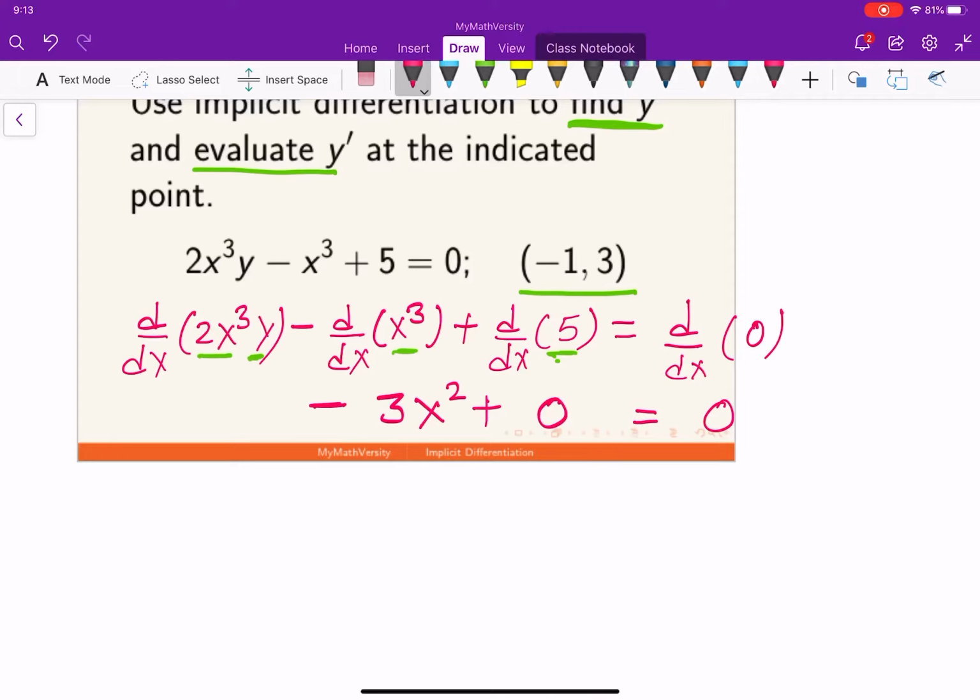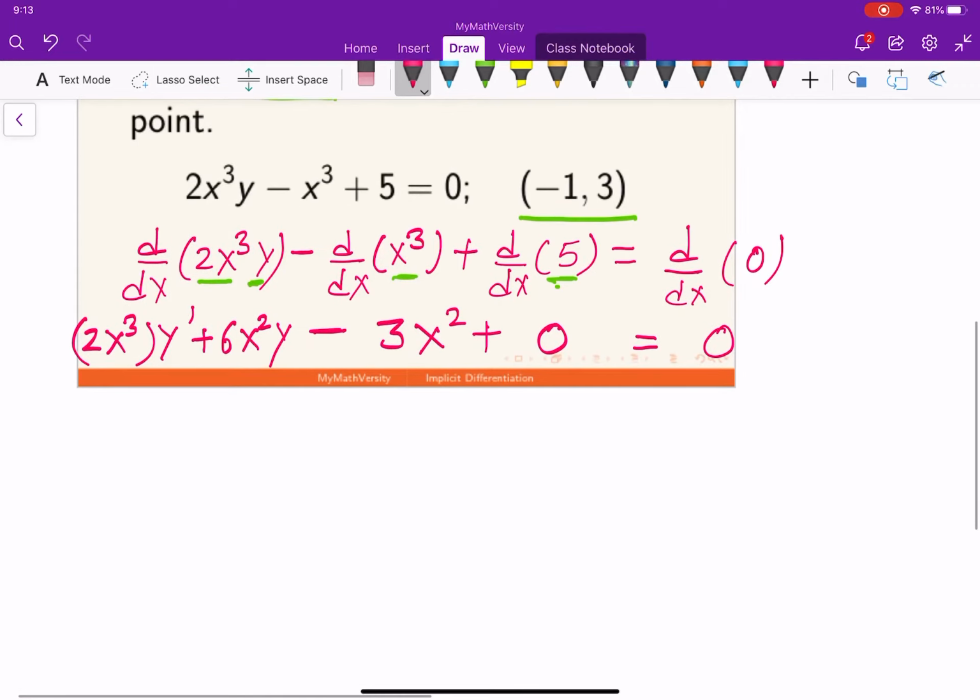We have a product, so we use the product rule: 2x cubed as it is, times the derivative of y, which we write as y prime, plus the derivative of 2x cubed, which is 2 times 3x squared, or 6x squared, times y. That is by the product rule, so we differentiate with respect to x on both sides.